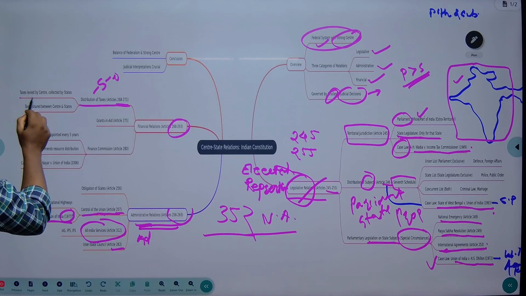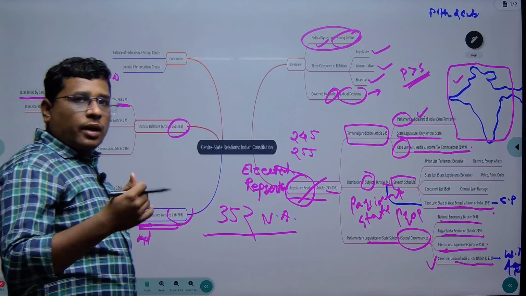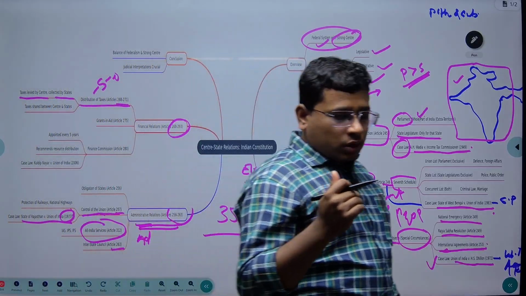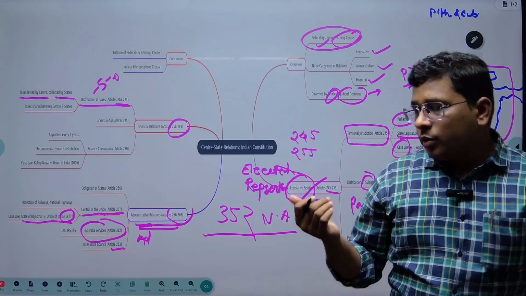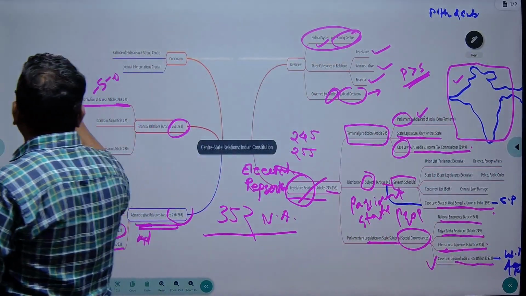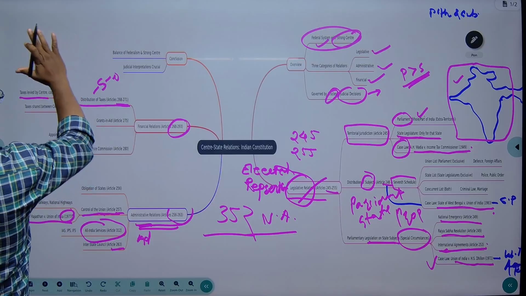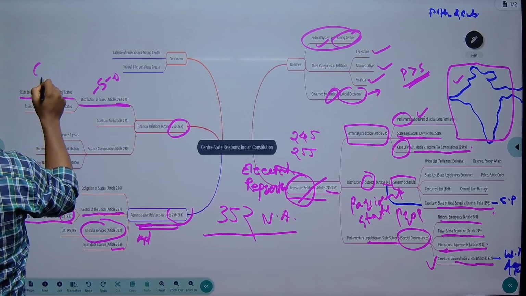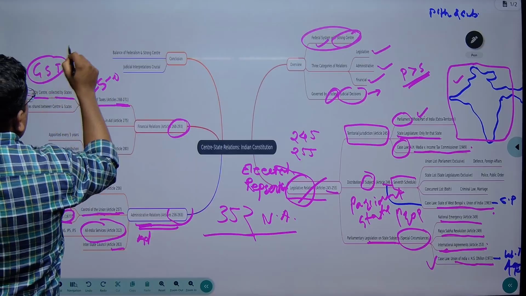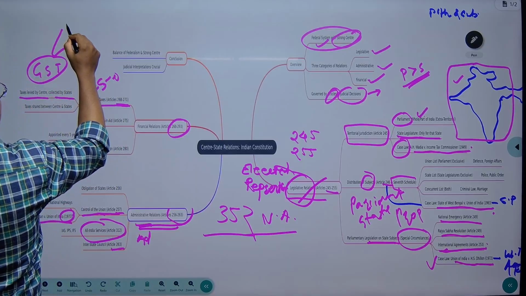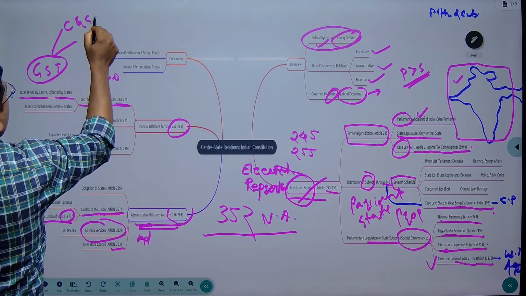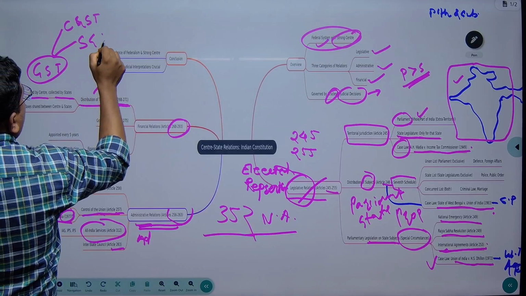Tax levied by the center and collected by states. It means some taxes are collected by the state, but levied by the center. For example, GST. GST has two components, CGST and SGST.